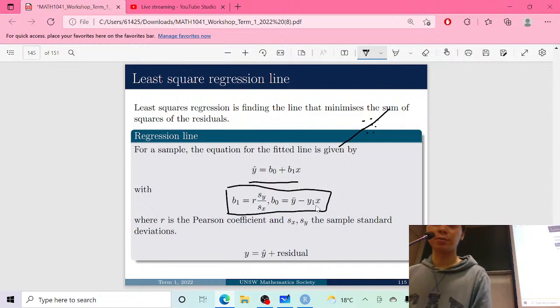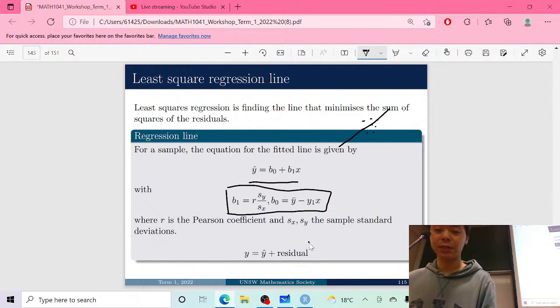I won't go through the proofs of this because you don't really need to know the proofs for MATH1041, but you just need to know how to use these lines here. So r here is the Pearson coefficient, and these are your sample standard deviations based on x and y.